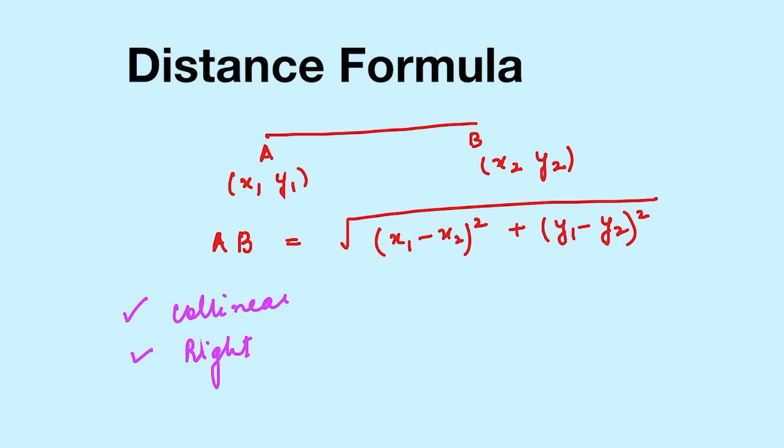That means if the distances satisfy the Pythagoras theorem, then it will form a right angle triangle. Similarly, we can show for equilateral: if all the 3 distances are equal, then it will be an equilateral triangle. And similarly, given the 3 vertices, if we find the distances and any 2 are equal, then we say that it is an isosceles triangle. So there are a number of applications of this formula.